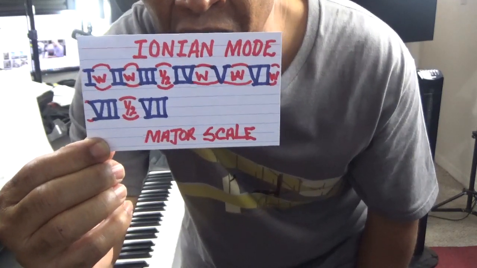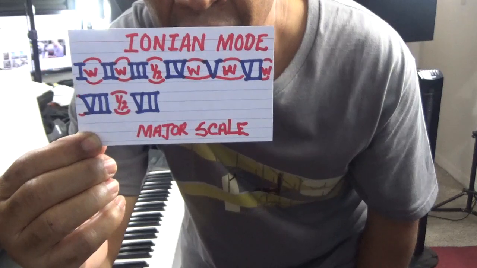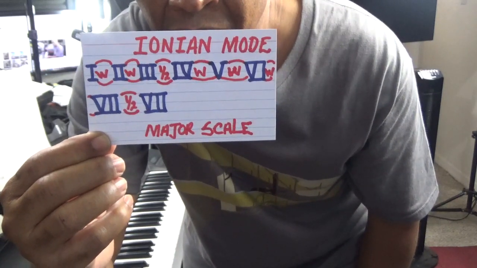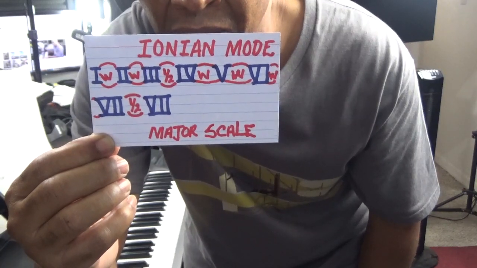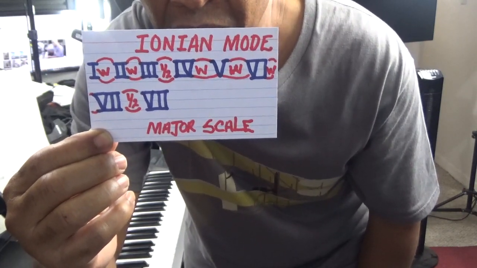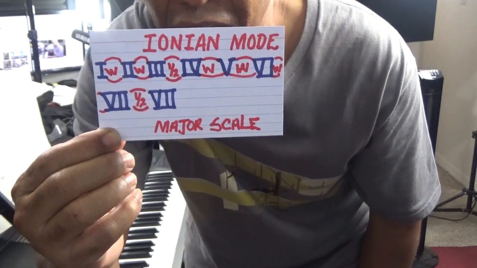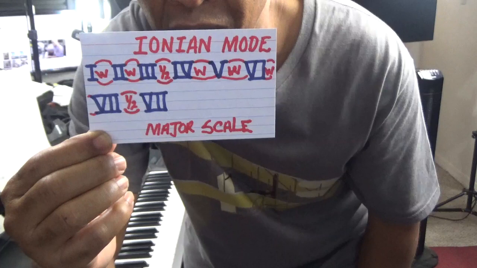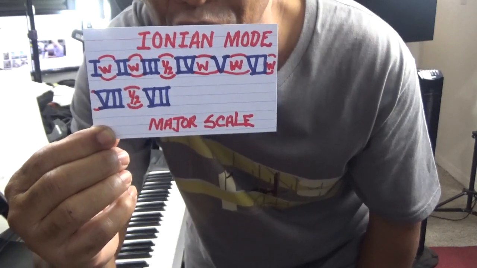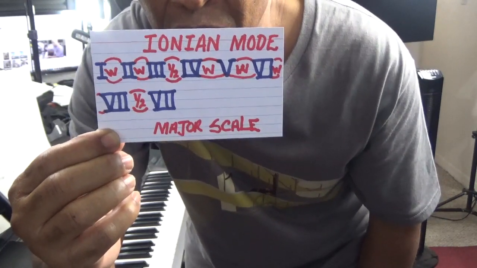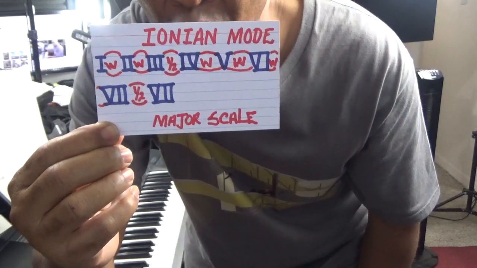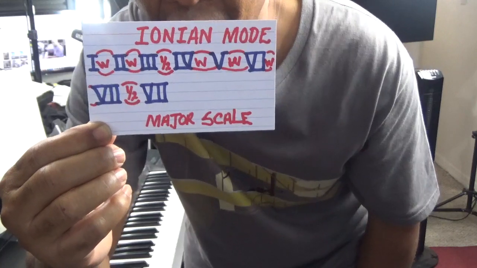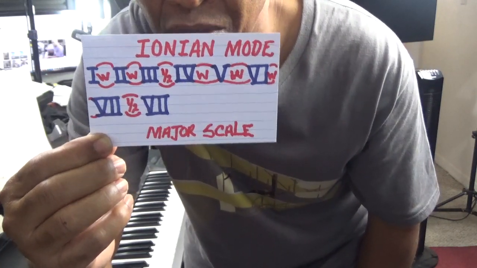I wrote the letter W, which means a whole tone, an entire tone. Between 3 and 4 and between 7 and 8, I put half, which is half of a whole tone.